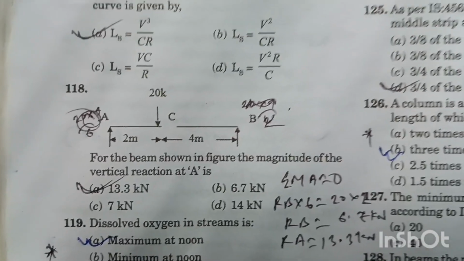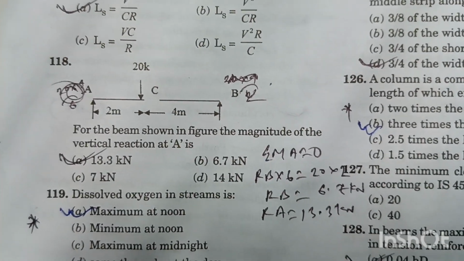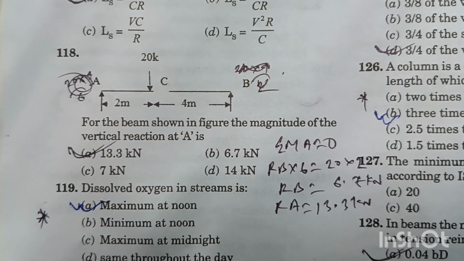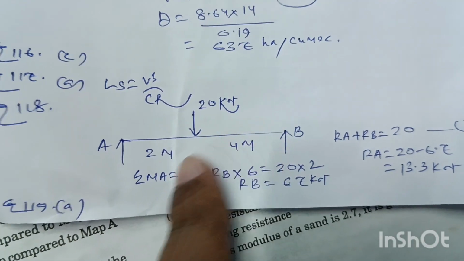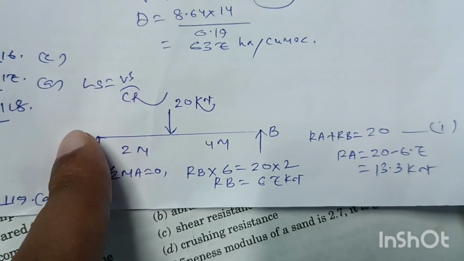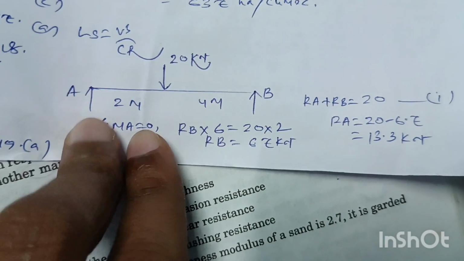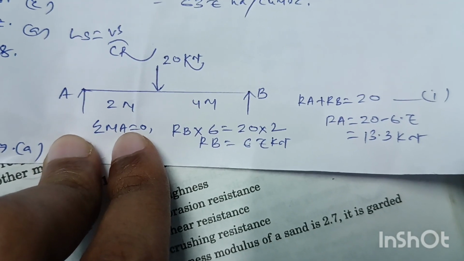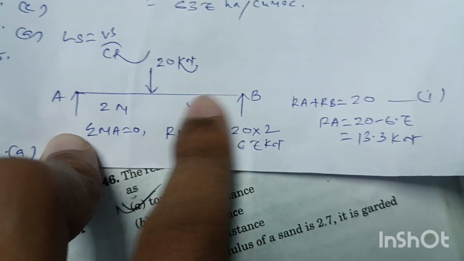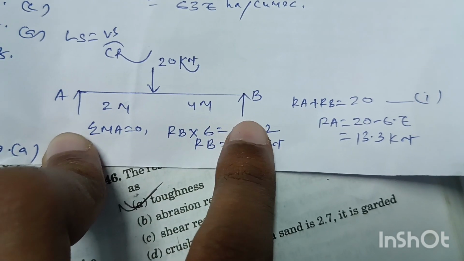Question number 118. For the beam shown in the figure, the magnitude of the vertical reaction at A is. This is the beam shown here. So we have to find out the reaction at A. So taking moment at A, summation of moment at A equal to 0. So the clockwise moment will be equal to anti-clockwise moment.